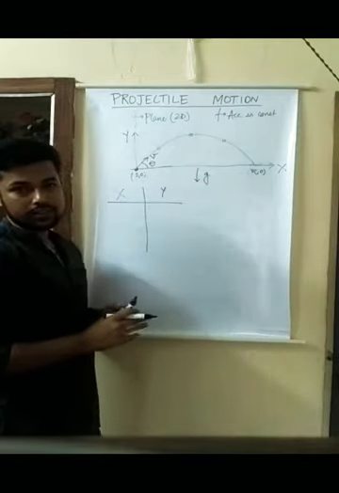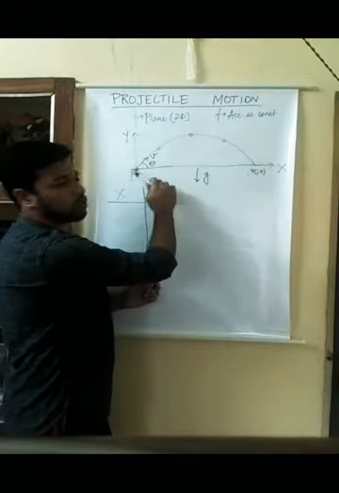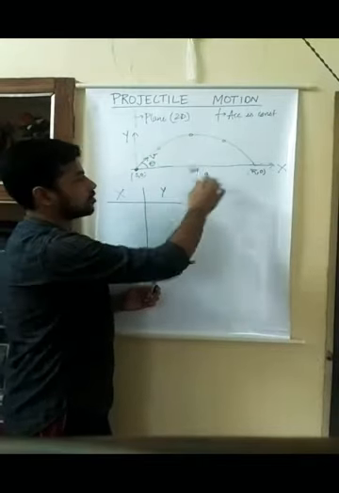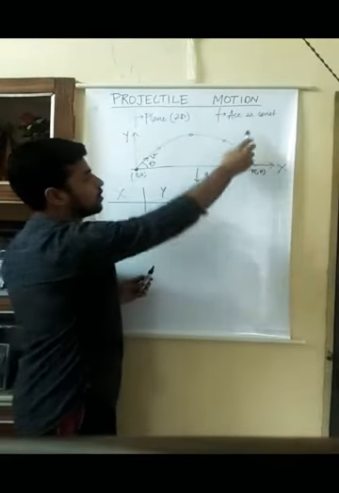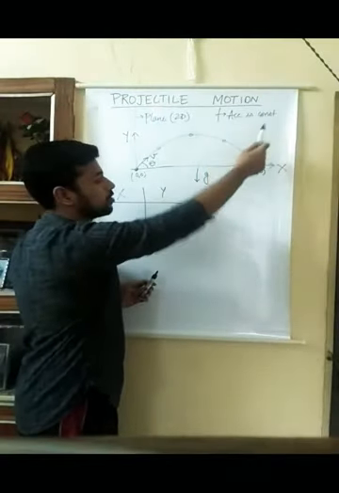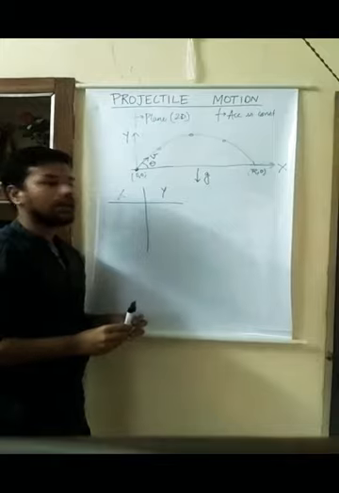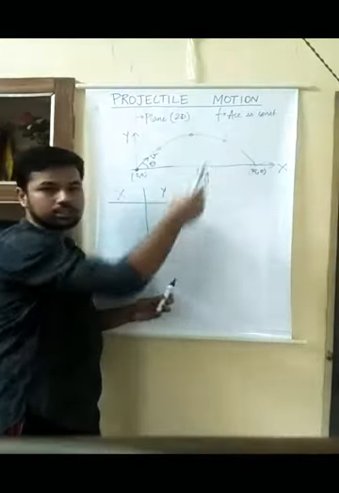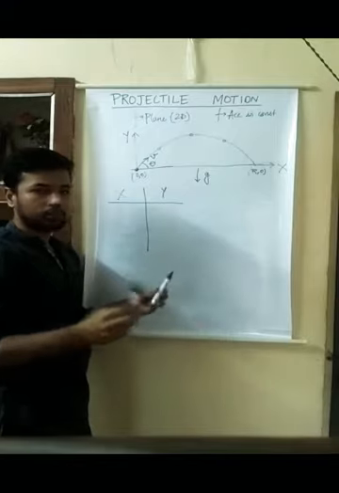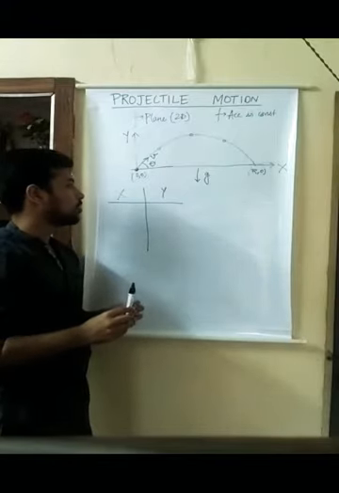We assume that this acceleration due to gravity is constant throughout the motion. It's not that g would change. As we mentioned, one of the conditions is that acceleration is constant, and there is no acceleration in the x direction. Only g is there and it's constant.